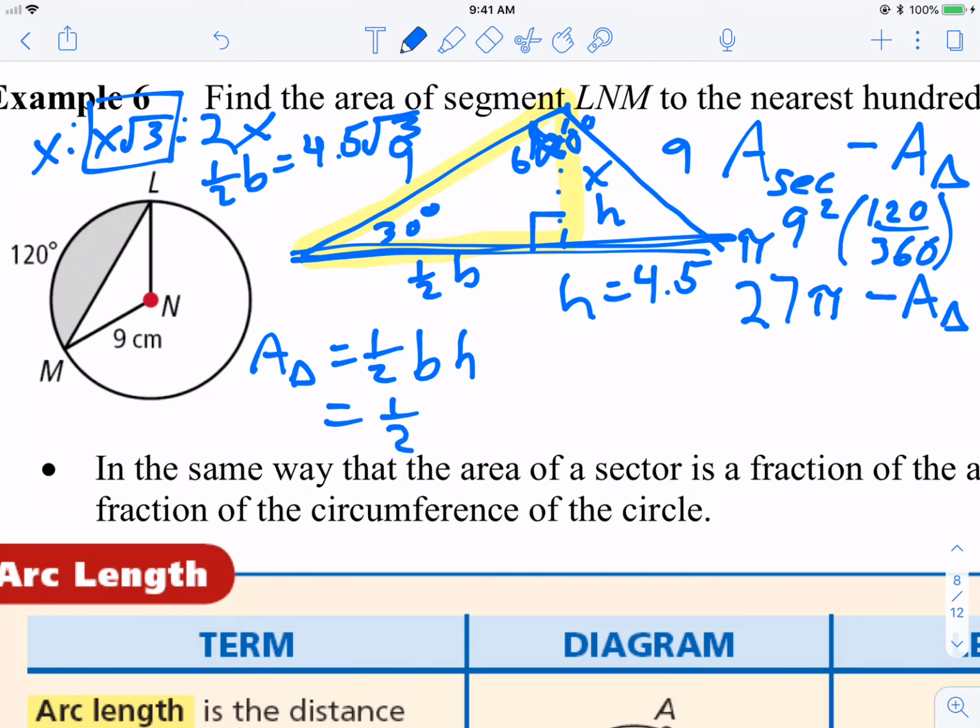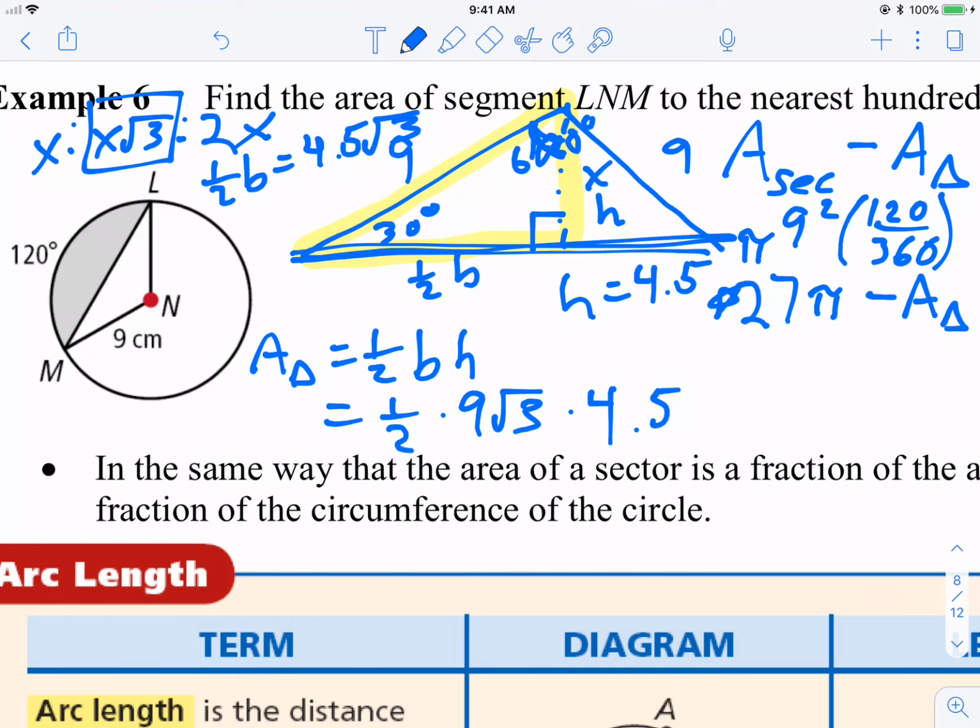So let's write this area equation out here. 1/2 times 9 root 3 times our height, which we said was 4.5. And this is going to get us the area of our triangle, which is subtracted away from the 27 pi, which was the sector area. So let's put these pieces together to get our final answer. Okay?